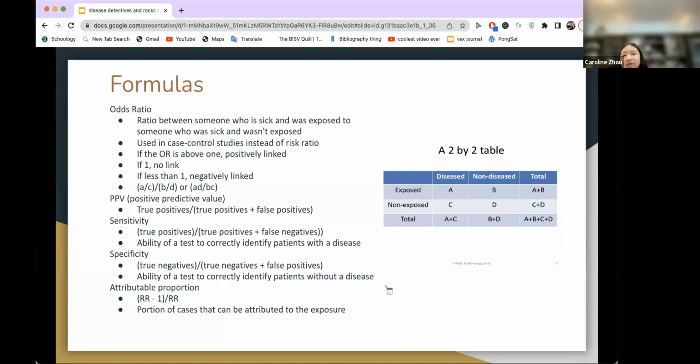Attributable proportion is risk ratio minus 1 divided by risk ratio. It's the portion of cases that can be attributed to the exposure.